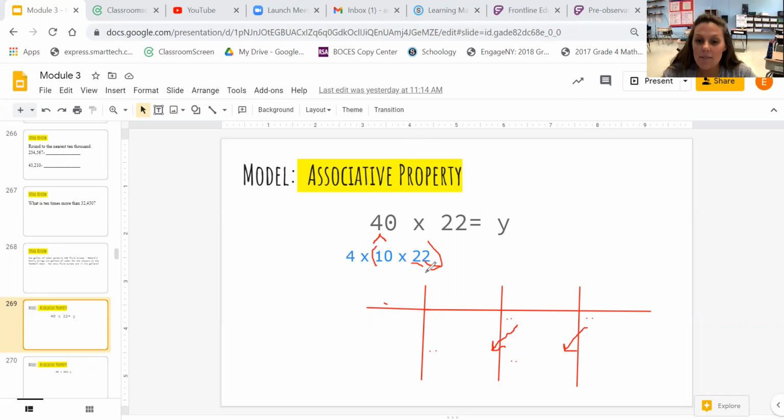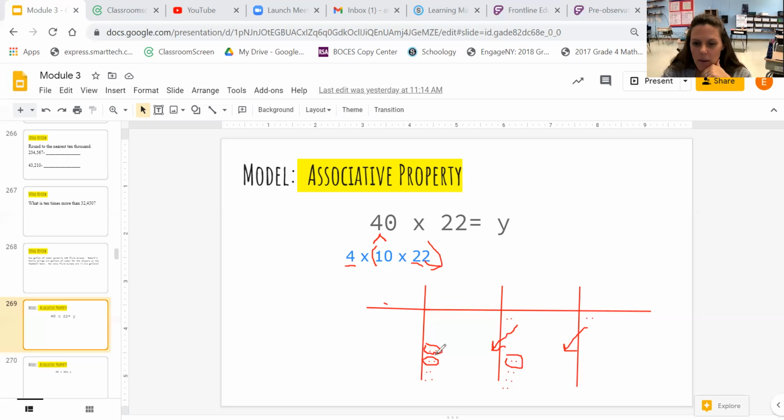Now, I don't have just 22 one time, I have 22 four times. So I'm going to show one time, two times, three times, four times. And we'll do the same in the tens place: one time, two times, three times, four times. Notice I did this four times because we are multiplying by 4.